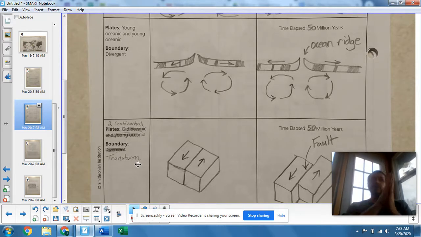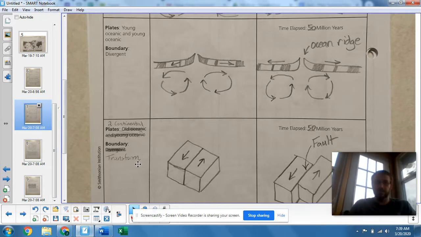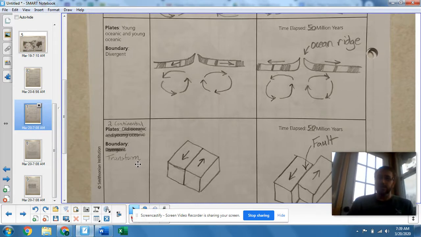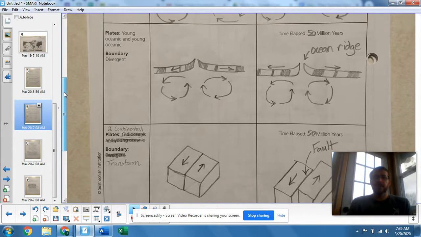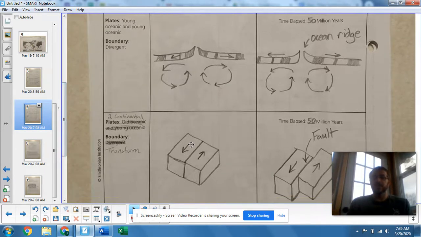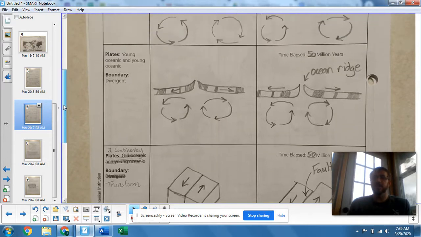And that sudden movement obviously is going to shake the earth. It's going to release a lot of energy. The faster that movement happens, or the bigger the movement is, the stronger your earthquake is. Okay. So you can have some pretty strong earthquakes on transform faults, transform boundaries.